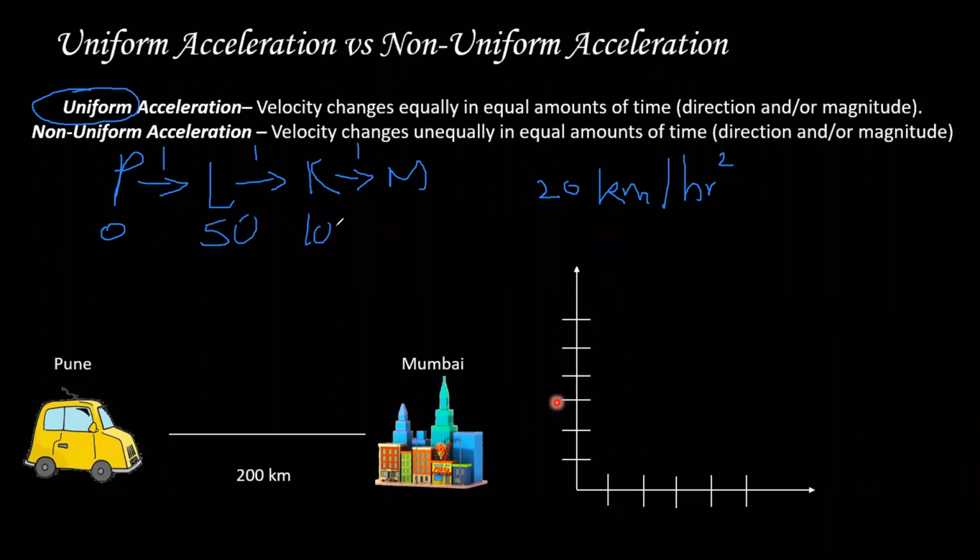Khopoli would be 100. No, that's actually uniform. Wait. So Khopoli will be 80. Mumbai will be 10. Something like this. So the change in speed right now is plus 50, this is plus 30, and this is minus 70. So you see, the change of speed is not uniform.